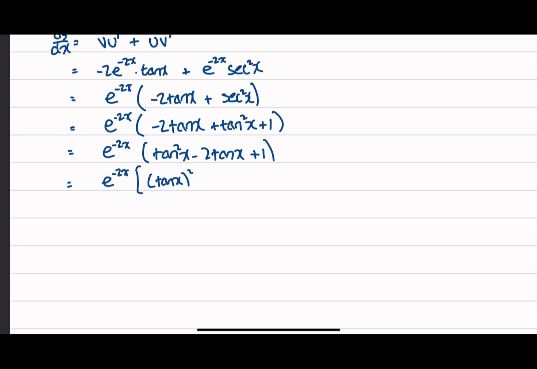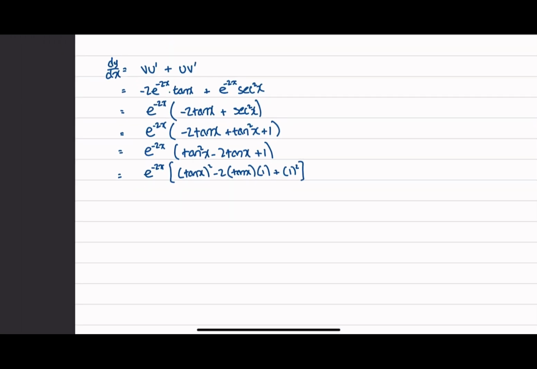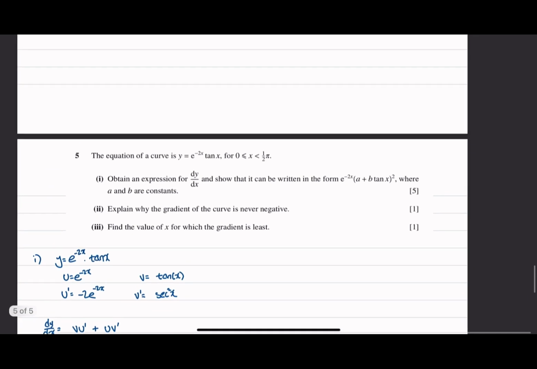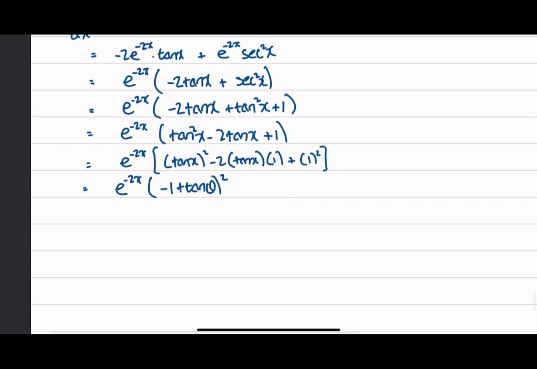Tan x minus 1 whole squared, and now we can collapse the identity, so that we're left with e to the power minus 2x bracket minus 1 plus tan x whole squared. So that's part 1 done. Dy dx equals this.